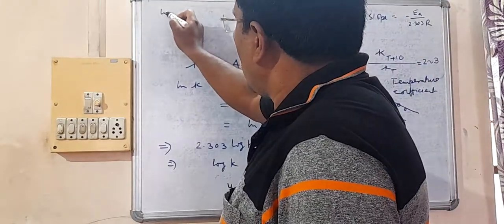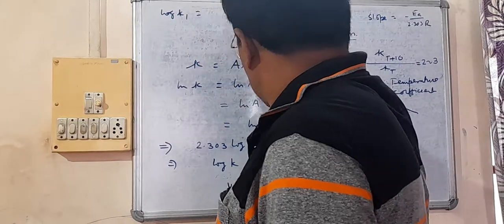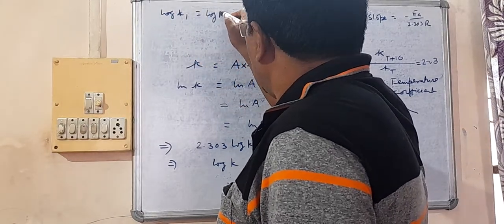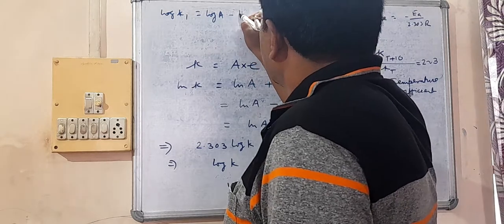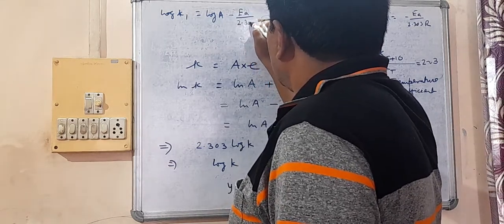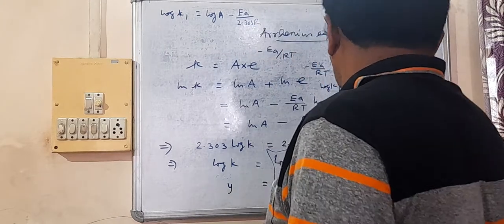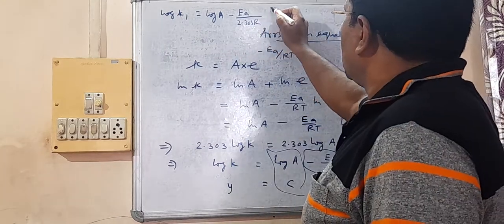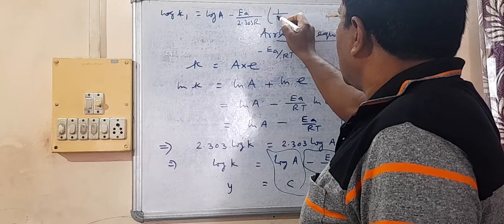So log K1 is equal to log A minus EA by 2.303 R 1 by T1.